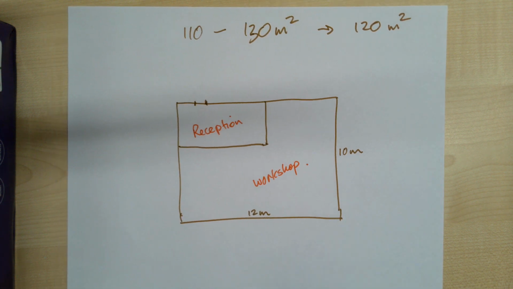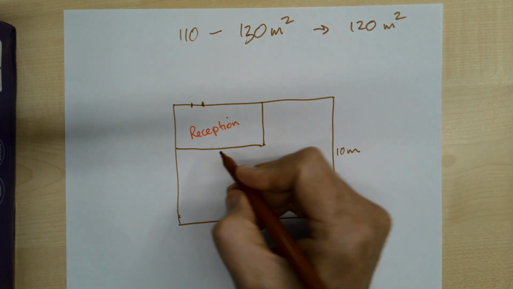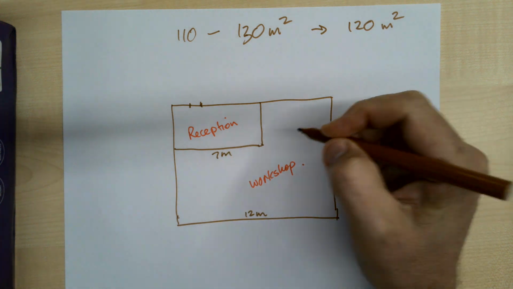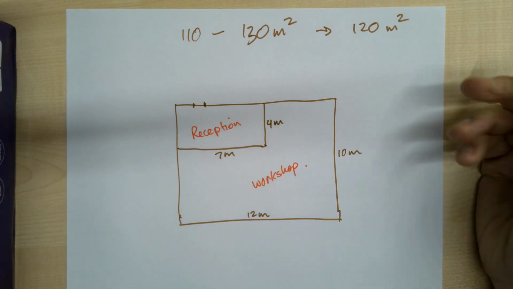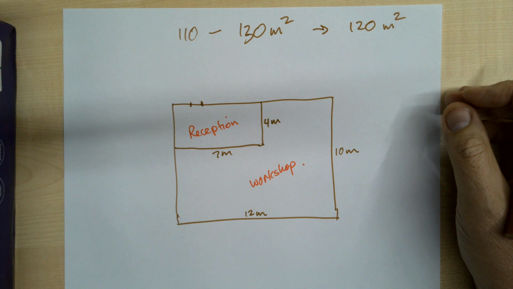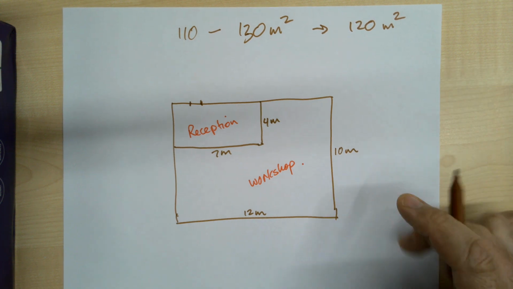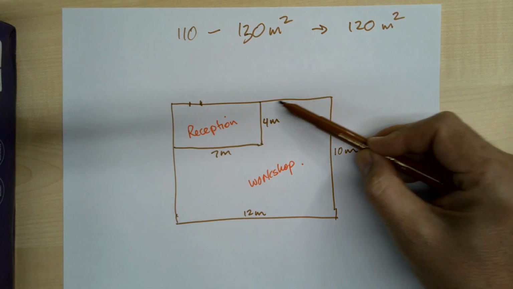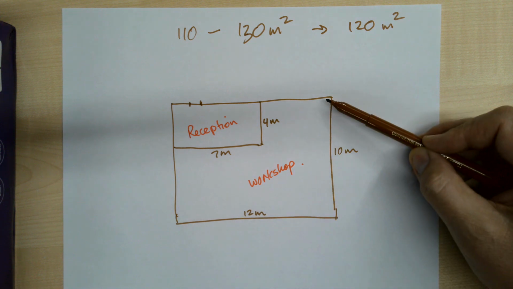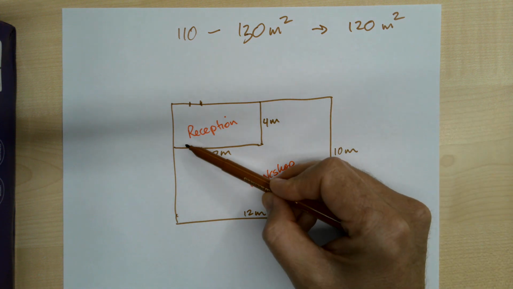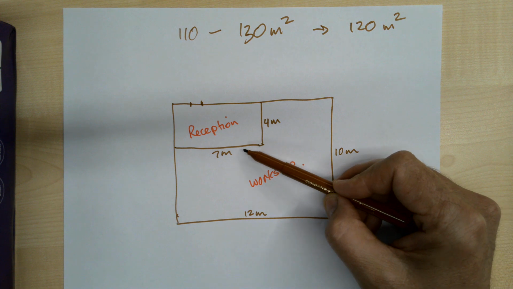Just stop and look at that for now. You could say, I'm going to make this 7 meters by 4 meters, and that's my design and the way I go. Just look at what's there. The outside footprint is a big old rectangle. The reception is a smaller rectangle.